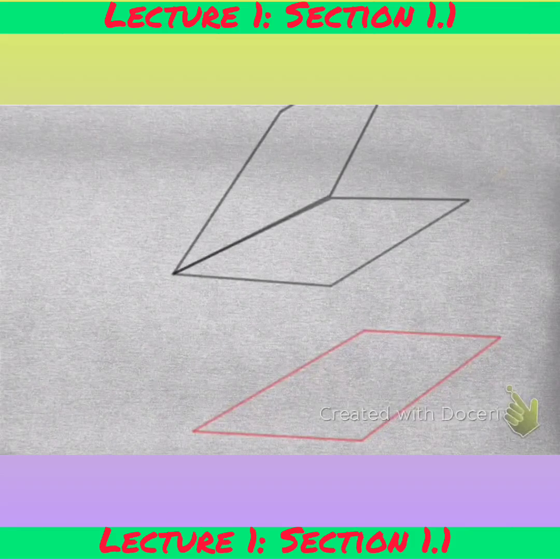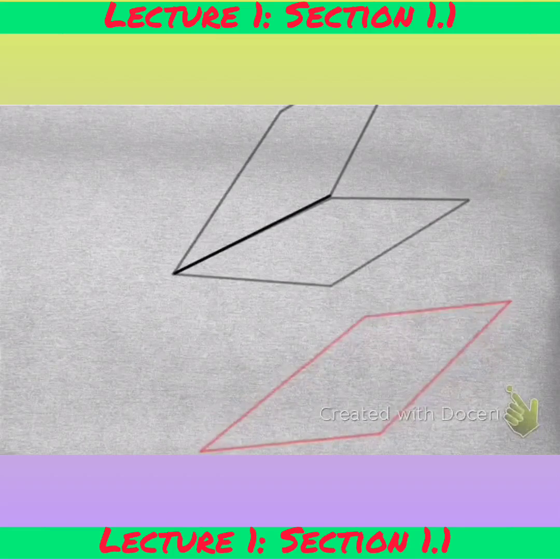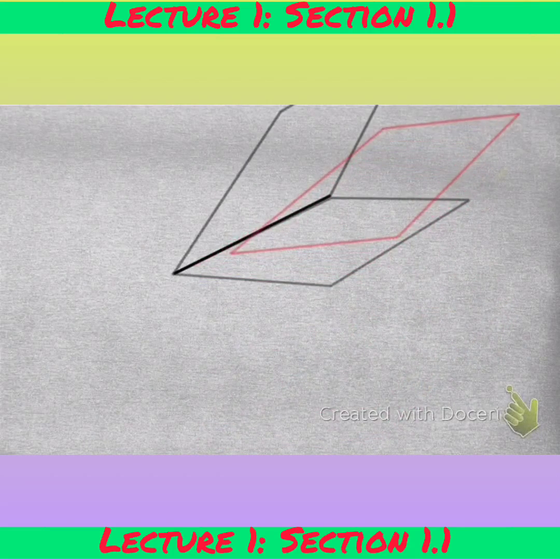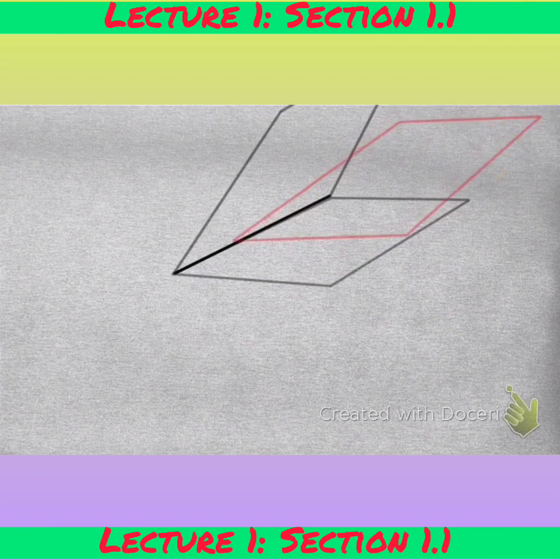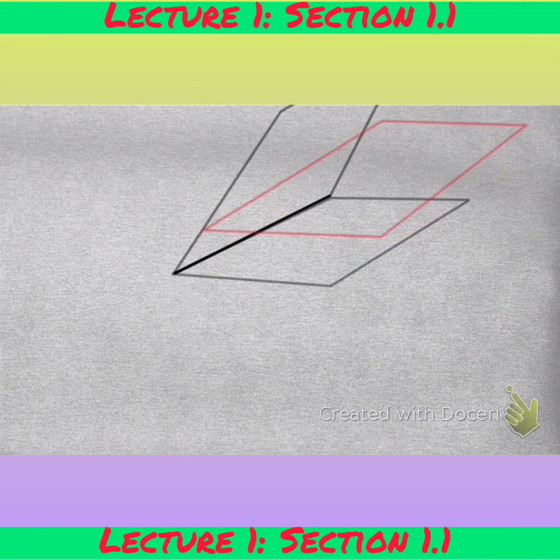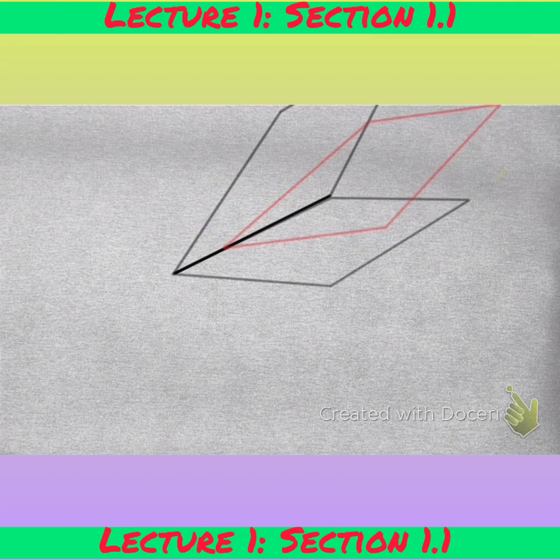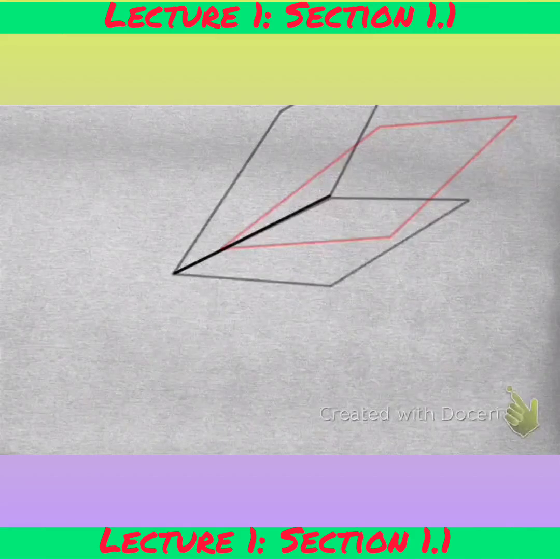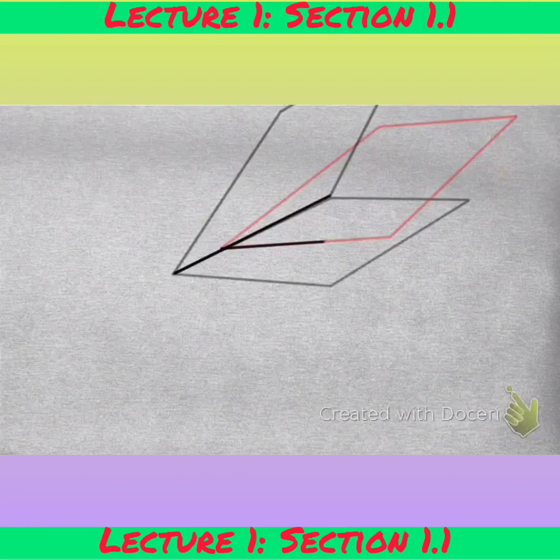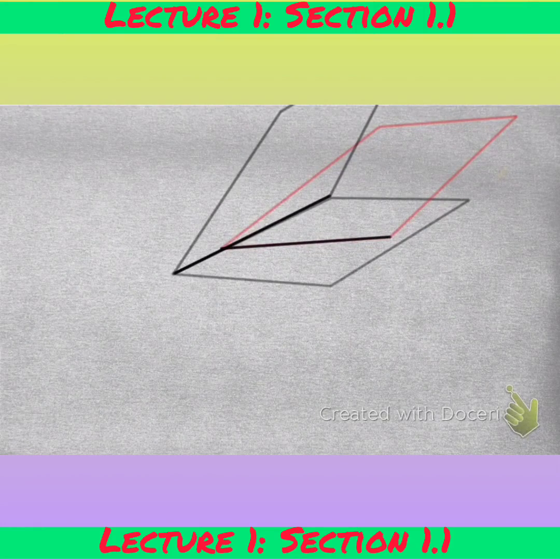Drawing that intersection line, and then we've got the red plane, which will run like that.